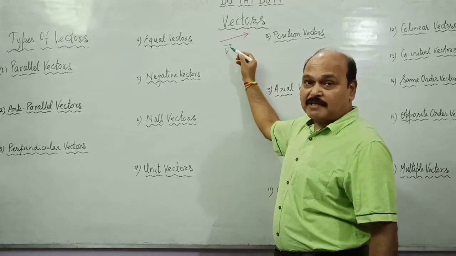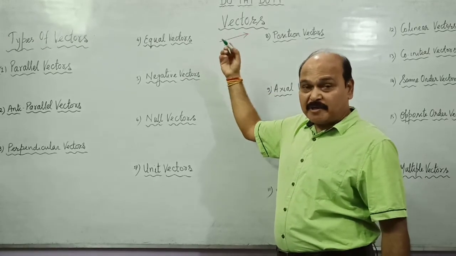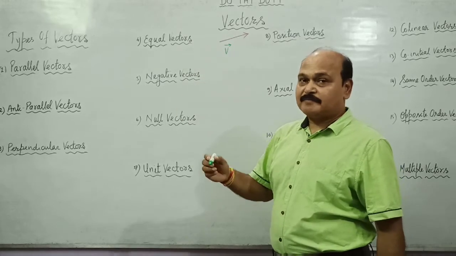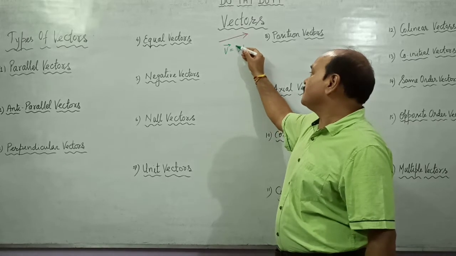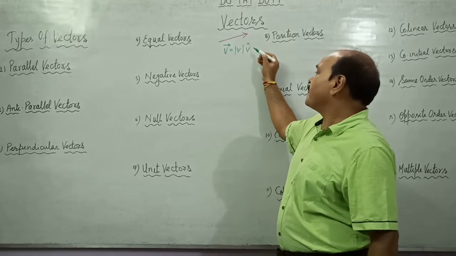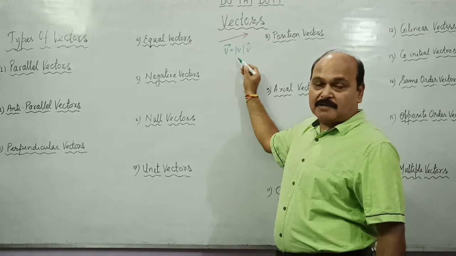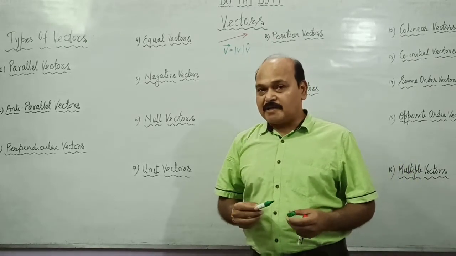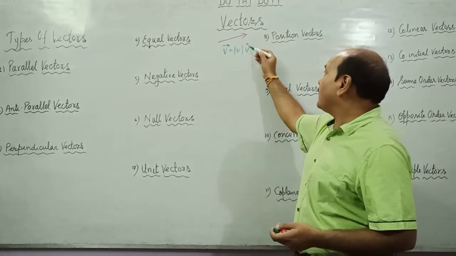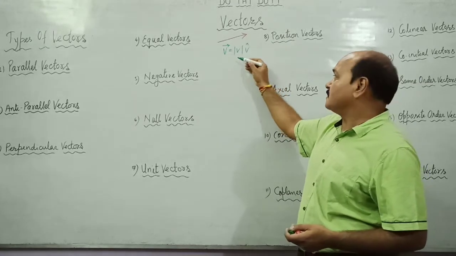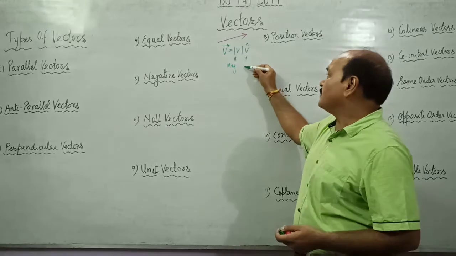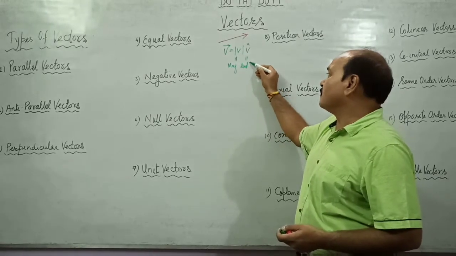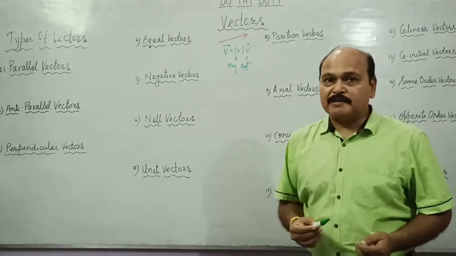This is also written as V modulus into V cap. And what is this modulus of a vector? Modulus of a vector is its magnitude and cap of the vector is its direction. So this is the magnitude of the vector and this is the direction of the vector. This is also called the unit vector.